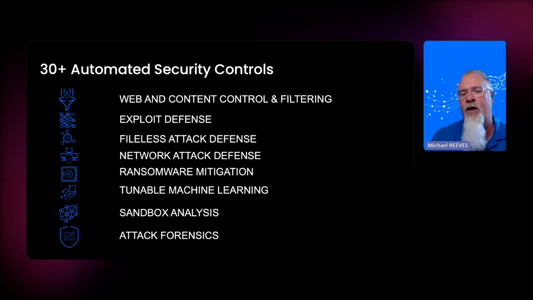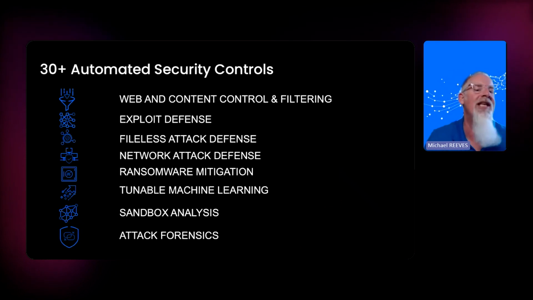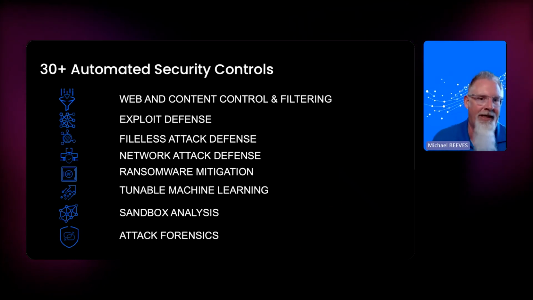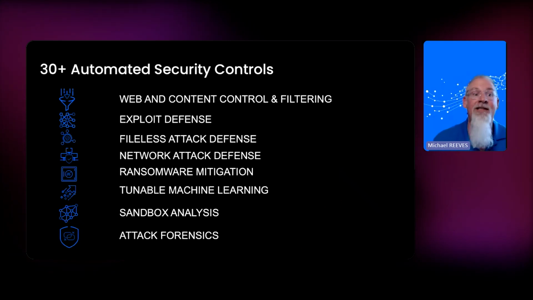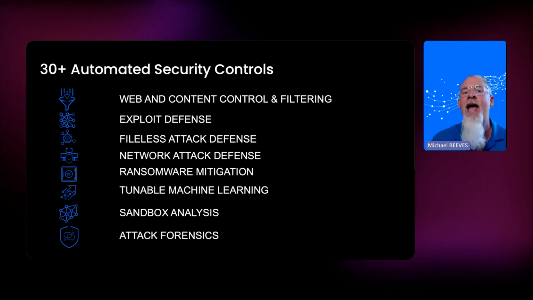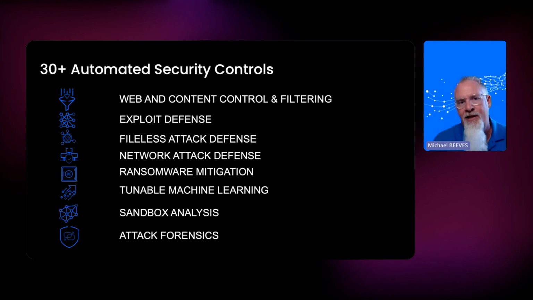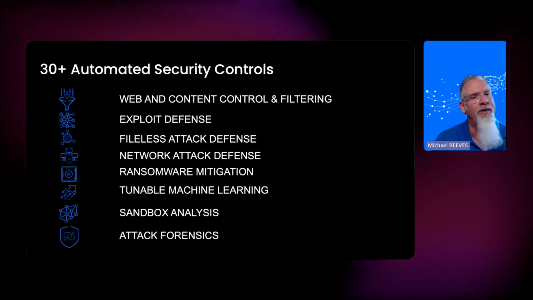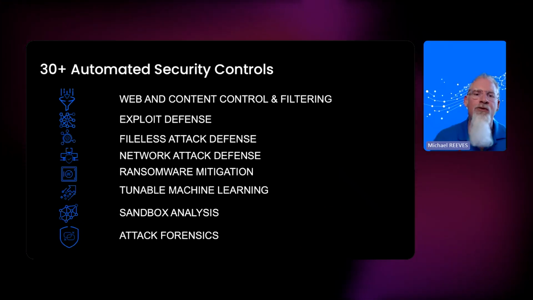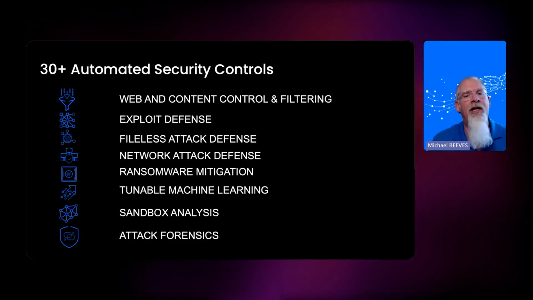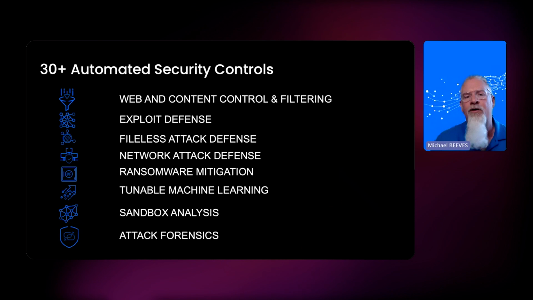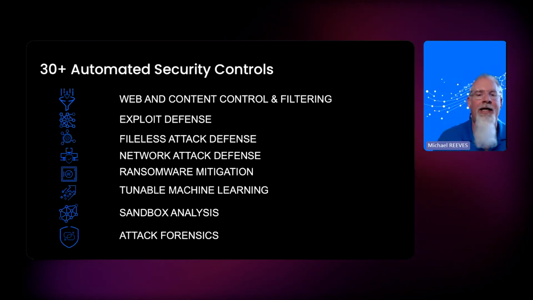We call that network attack defense. The industry calls it HIDS and HIPS. It's already built in. We have web and content control and filtering that does not depend upon the network you are connected to as an endpoint. So if you've got roaming users, you actually don't need a VPN solution to implement URL content filtering. It's built right into our engine.